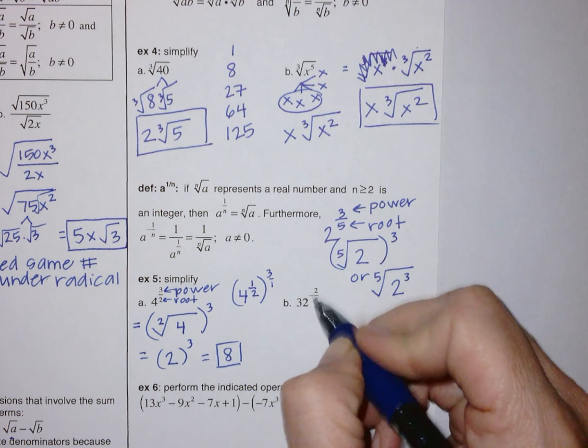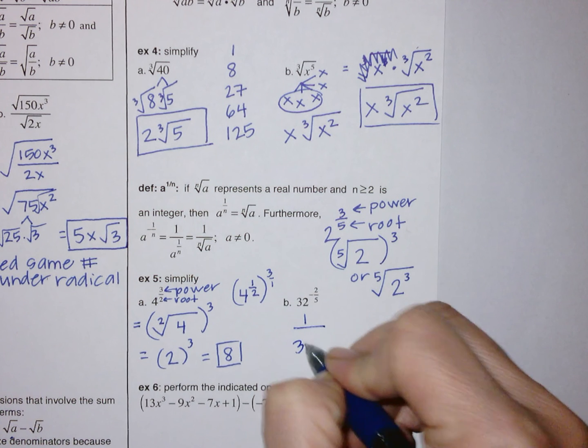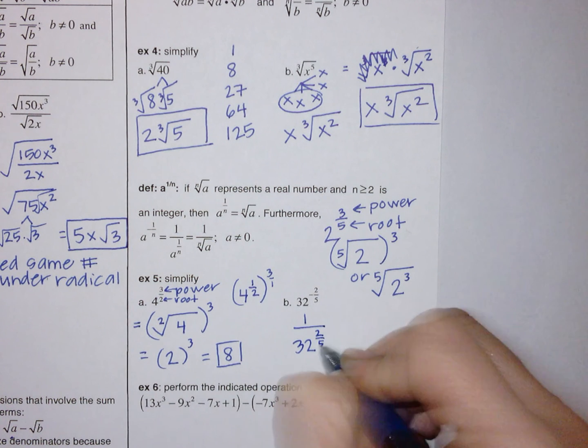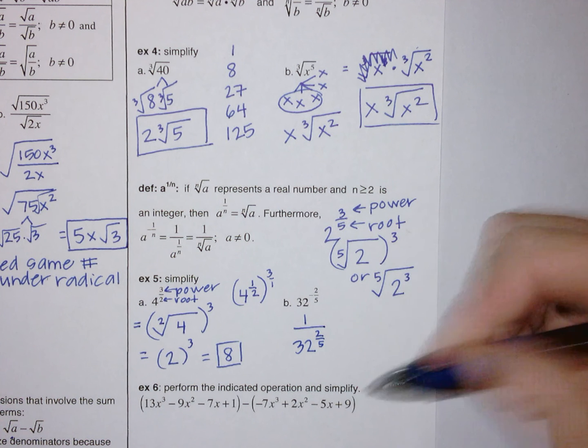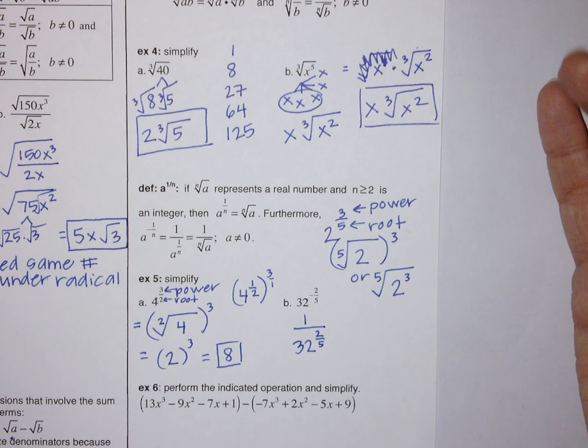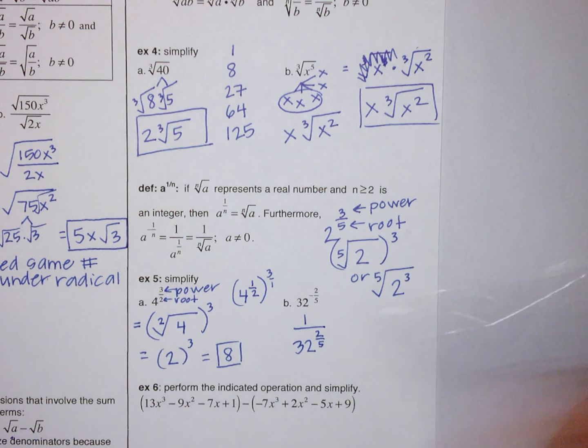So on something like this with the negative exponent, you just need to remember that when you do negative exponents, you need to write it over 1. Or if it's already in the denominator, then whatever has the negative exponent moves to the numerator. And so we're going to do this one the shortcut way, and then I'll show you the long way. But can I get 5 of a kind out of 32?